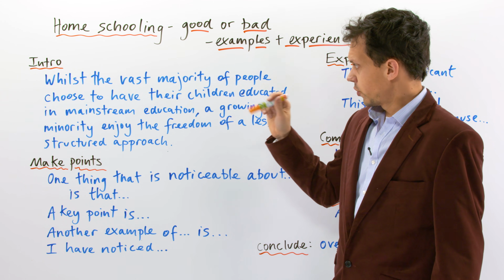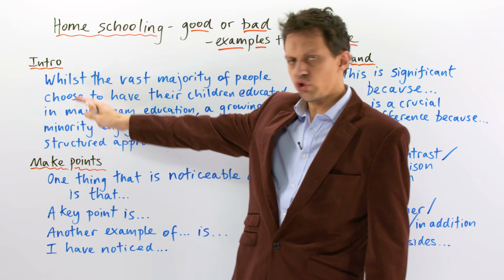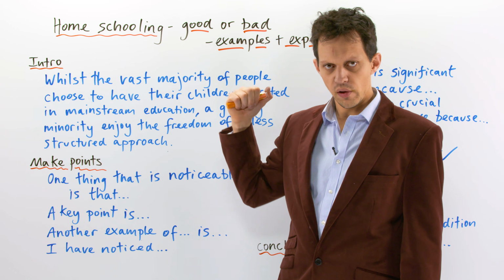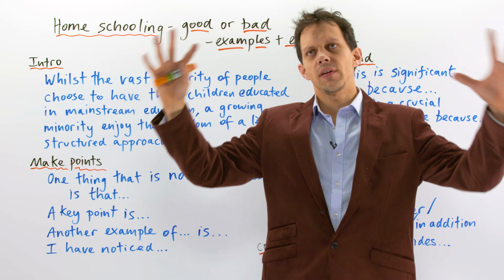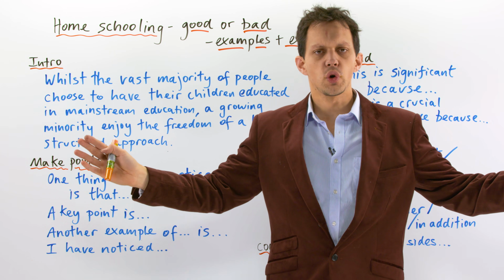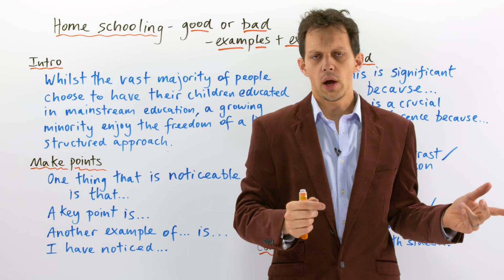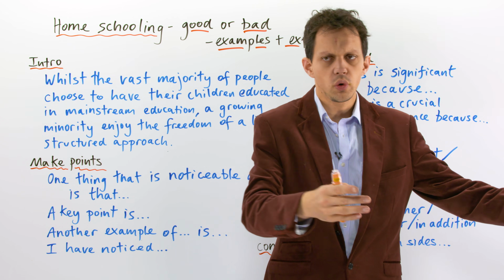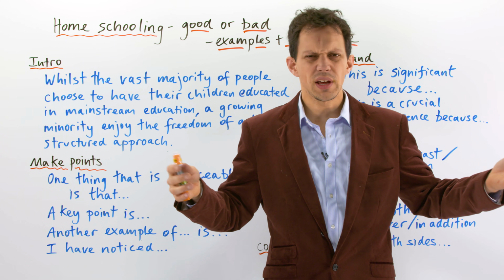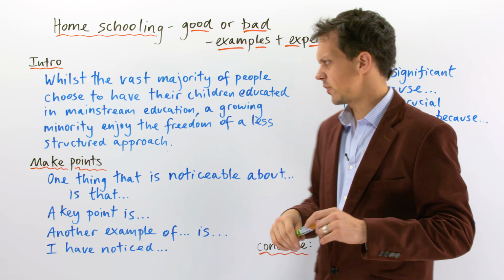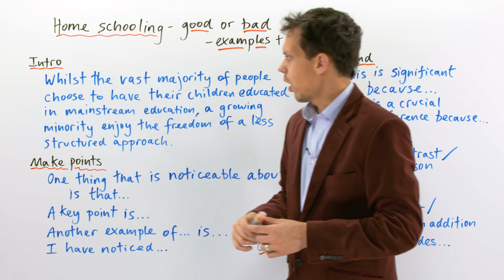Okay, so with your introductory paragraph, you want to be giving the overall story. What's going on? Are many people using home education? Are lots of people going to school? What's the rough idea? Why are some people choosing home education? This is how I wrote it.